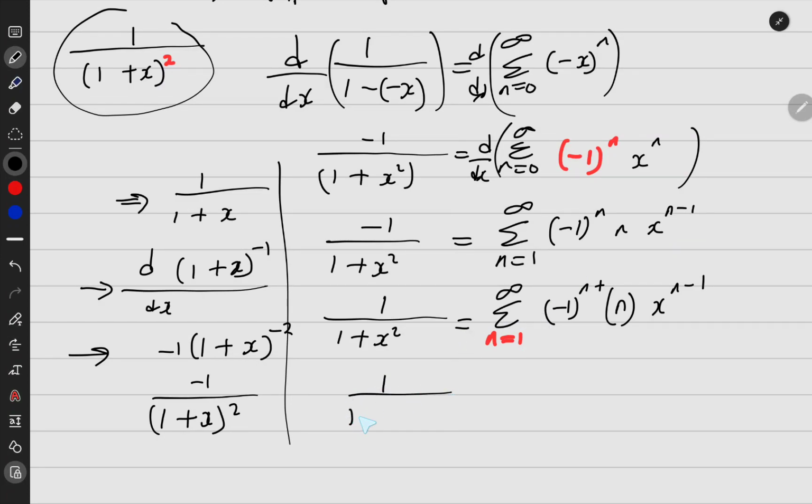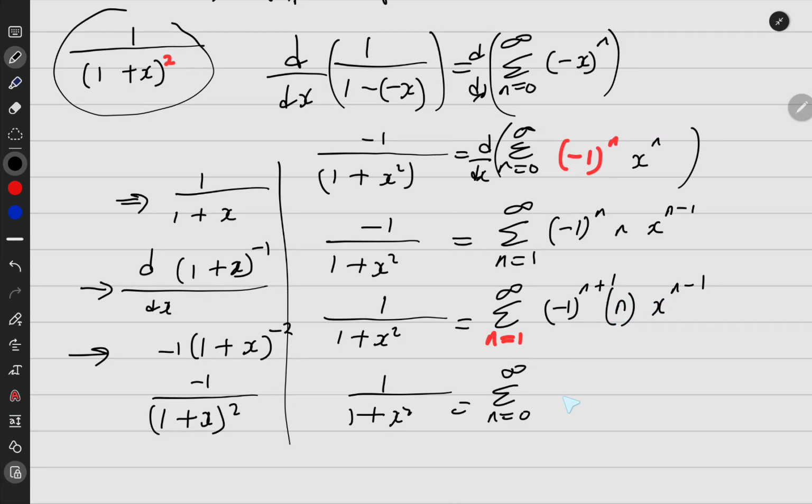So it's going to be 1 all over (1 plus x) squared. I want to make this thing have x to the n only, so I'll have to add 1 here. If I add 1 here, I'll subtract 1 here. So that will be the sum to infinity from n equals 0, because I subtracted. If I add here, then I add everywhere, right?